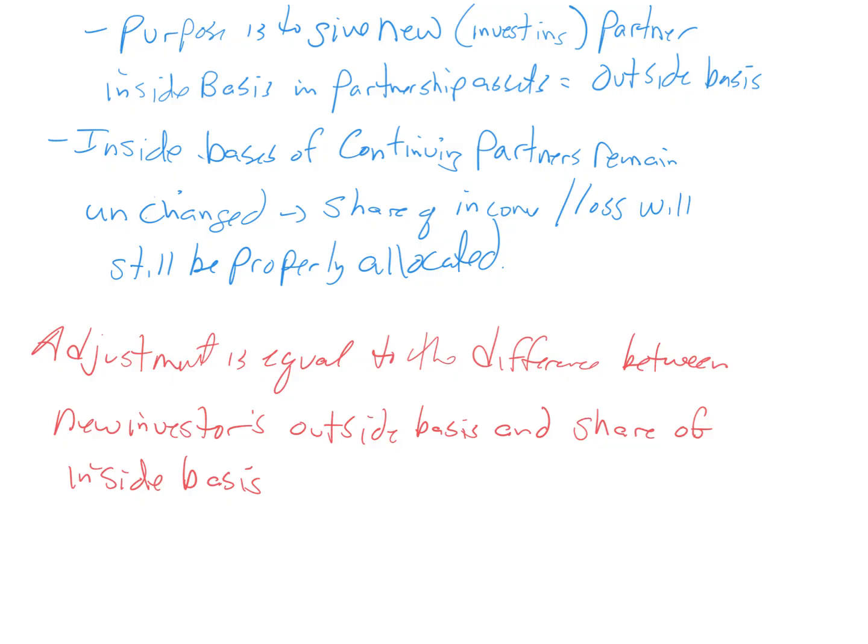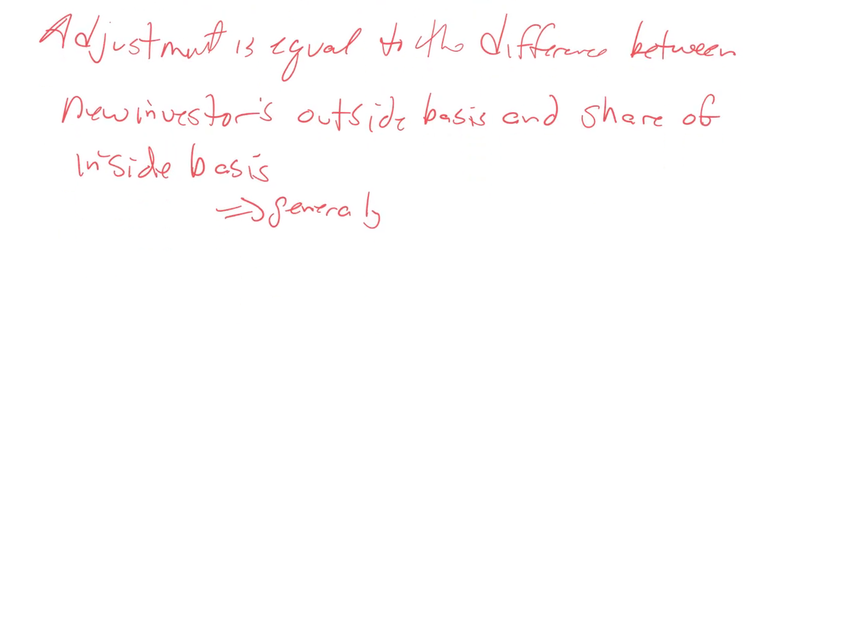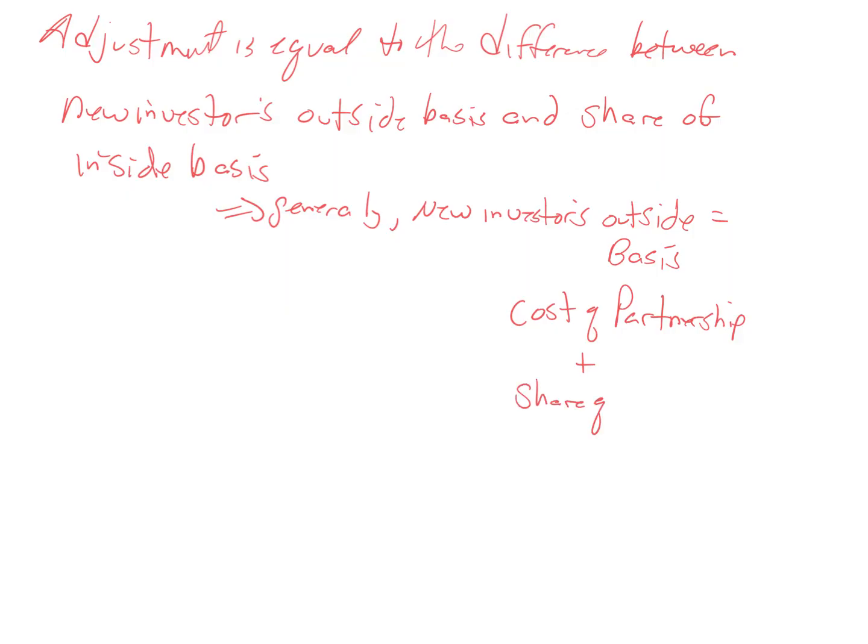Okay? So, and remember that generally, the new investor's outside basis is the cost of the partnership interest plus share of the partnership liabilities. Okay.